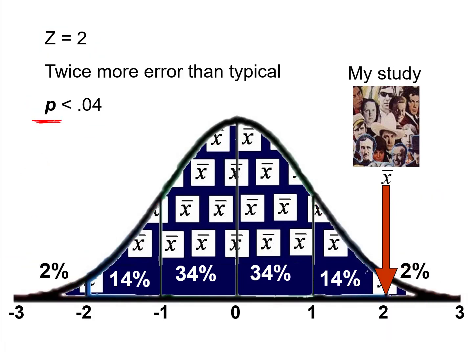So I'm going to say the probability of getting scores that are more extreme than 2 standard errors away from the true population parameter is less than 0.04. It happens less than 4% of the time. So I'll say for a z-score equal to 2, the probability is less than 0.04. In other words, this is a very rare event.